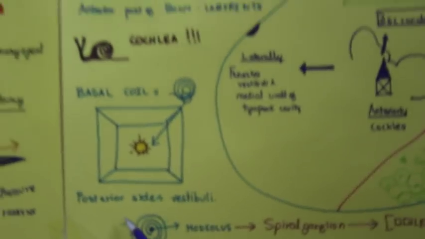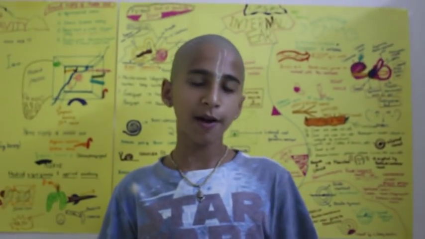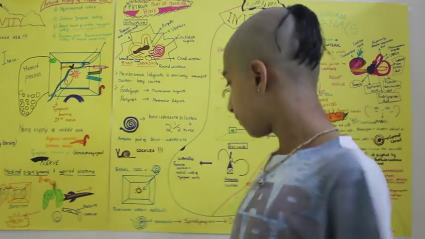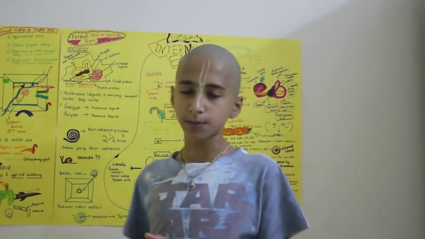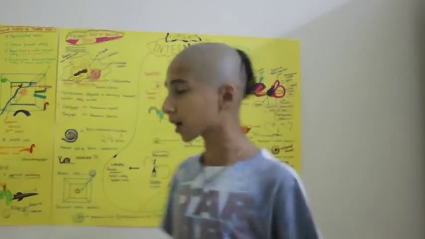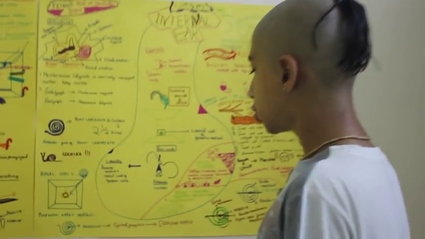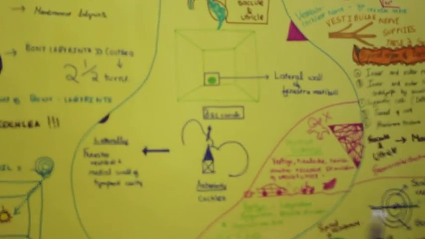And here it is, the full cochlea. The cochlea has a small bony pillar in the middle. It's called the modulus, and the modulus contains the spiral organ of Corti, or the cochlear duct, and I should explain about that. The spiral ganglion transmits the cochlear nerve.